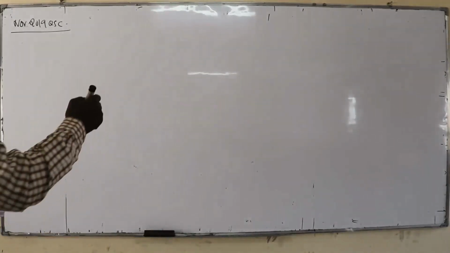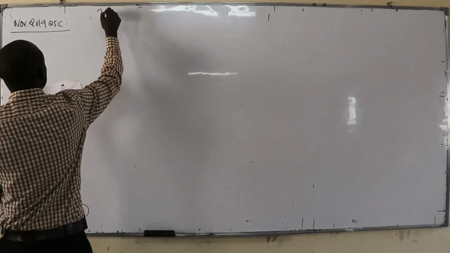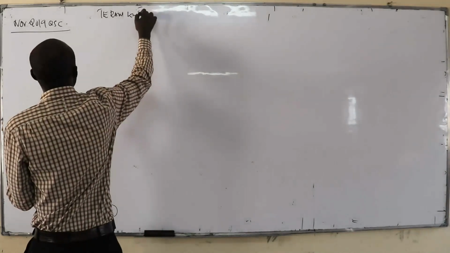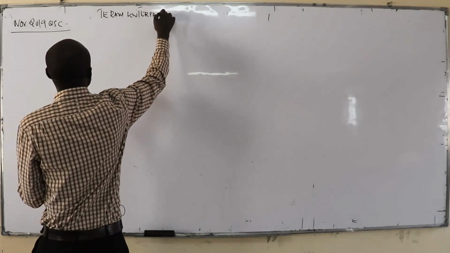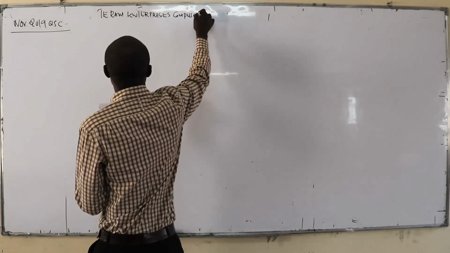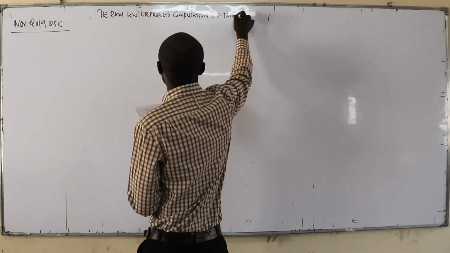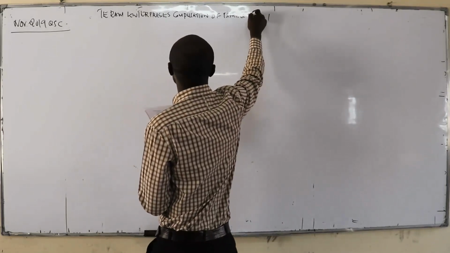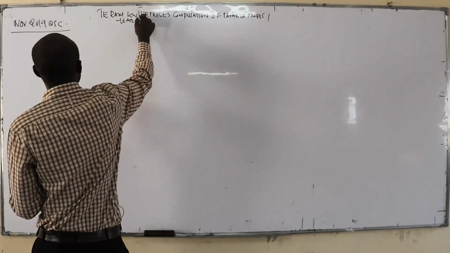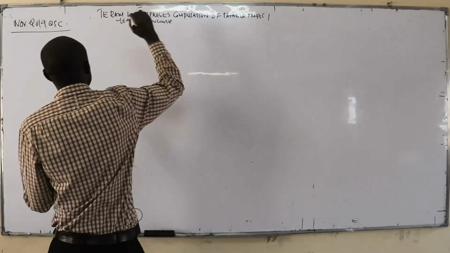So you start by writing the name of the firm. So here it is Taram Enterprises, computation of taxable profit, year of income 2018.